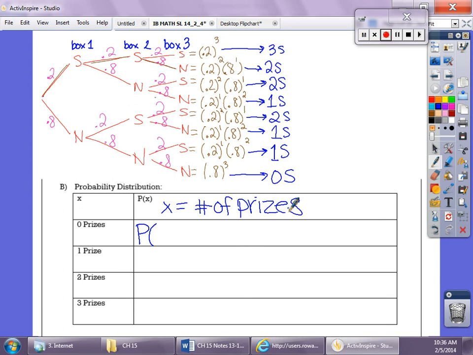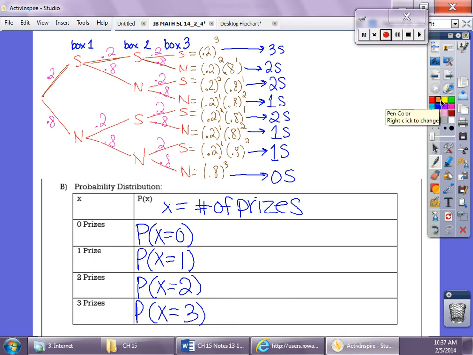So the probability that X is equal to 0 prizes is written like this, this one is the probability that X is equal to exactly 1 prize, this is the probability that X is equal to 2 prizes, and this is the probability that X is equal to 3 prizes.